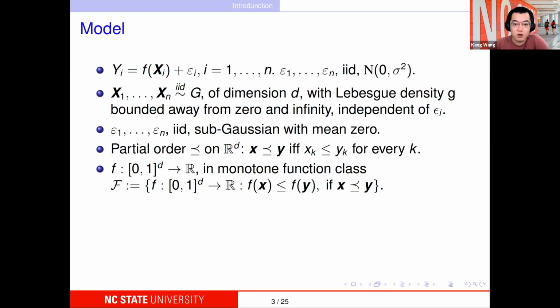The vector x is smaller than y if and only if each coordinate of x is smaller than the corresponding coordinate of y. With this partial ordering, the monotone function class is just the coordinate-wise increasing function class, denoted by script F.